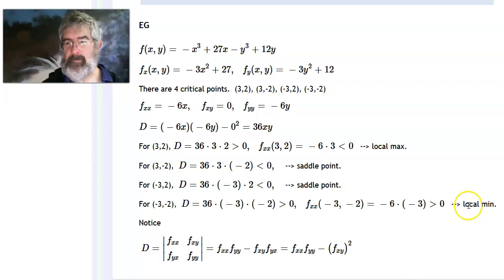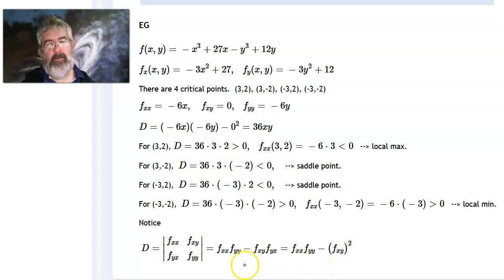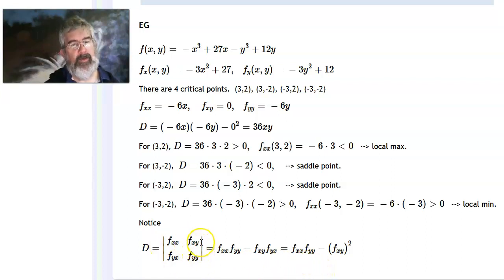Right? One thing I want to notice here is that the formula for D, I find it easier to remember in determinant form. That is, if you think about this determinant of a matrix where the entries are f_xx, f_xy, f_yx, f_yy, right? Those are the second partials. These two here will be the same.